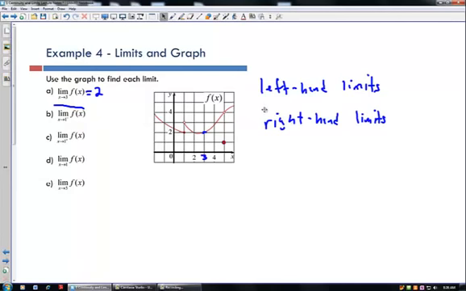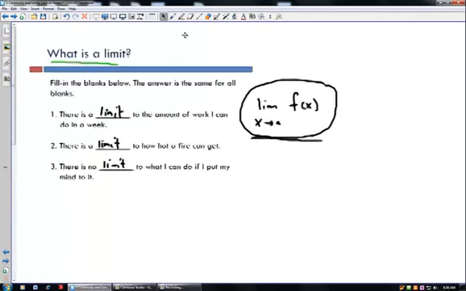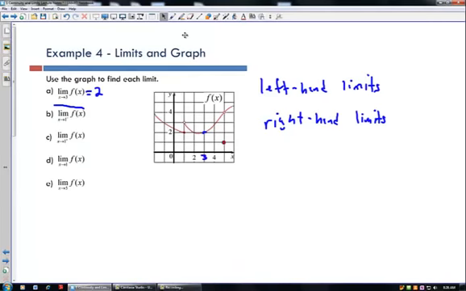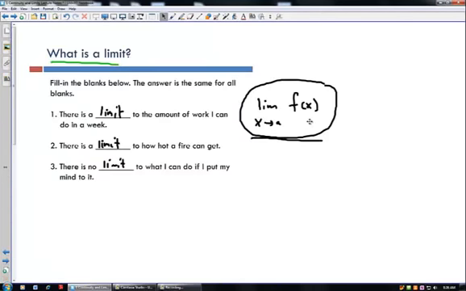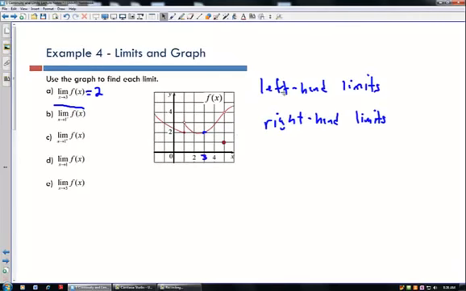And so right-hand limits, left-hand limits, let me move this down. All right, so left-hand limits, the idea is it comes in from the left-hand side, whereas right-hand limits come in from the right-hand side.